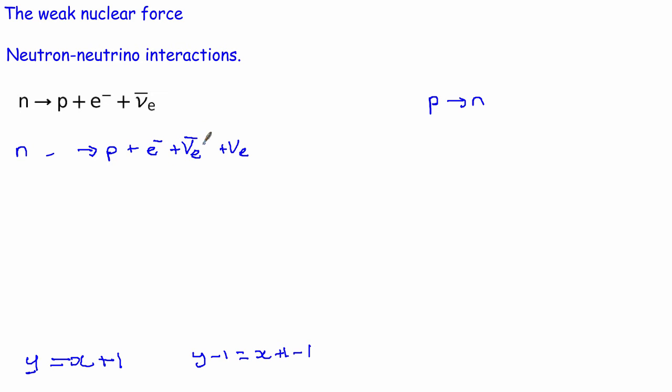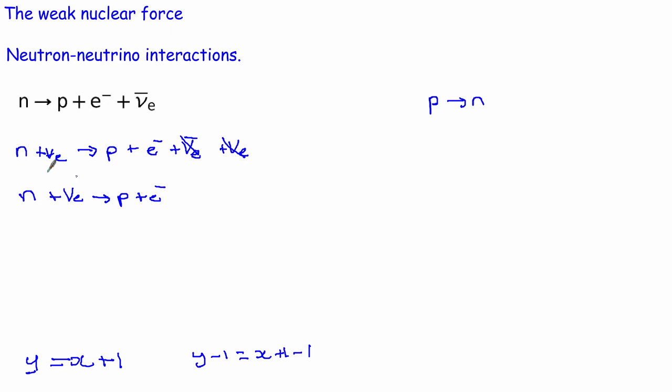So I've got an antiparticle and a particle. But if I add an electron neutrino to this side, I must do it to this side, because it's an equation. So I've got that. These two things cancel each other out, so basically disappear. So if I tidy this up, I've got neutron plus electron neutrino goes to a proton plus an electron.